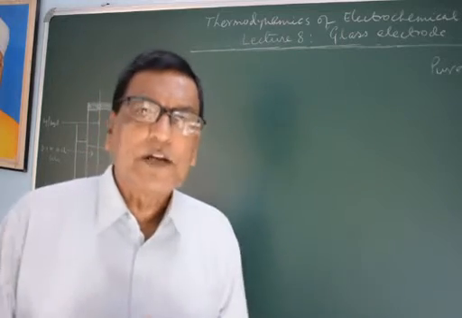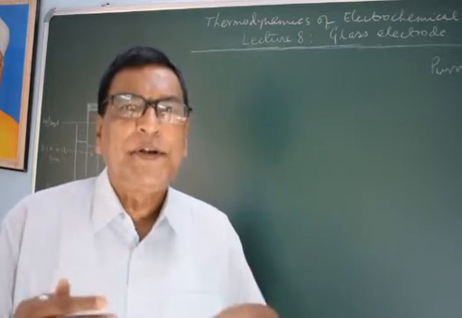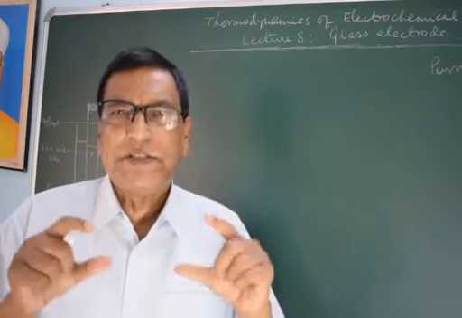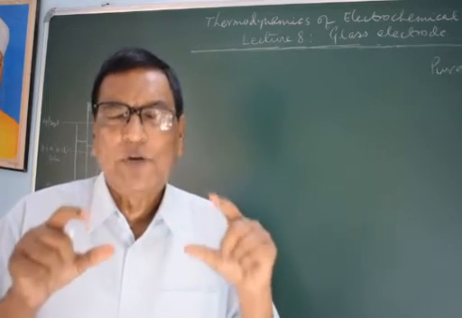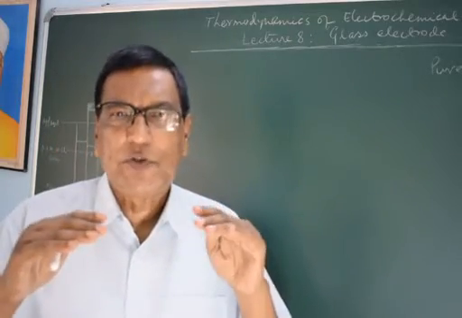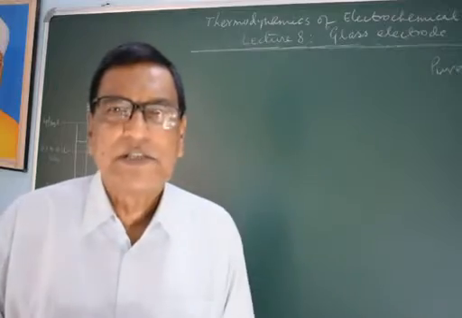This type of electrode is getting much more momentum recently, as it is specific for a particular type of ion. Suppose sodium ion is present in a solution with other ions.